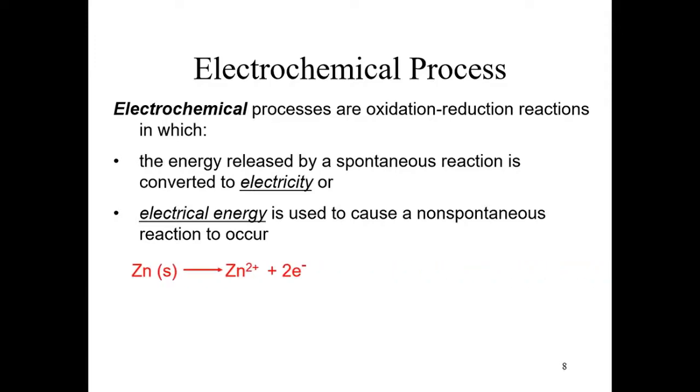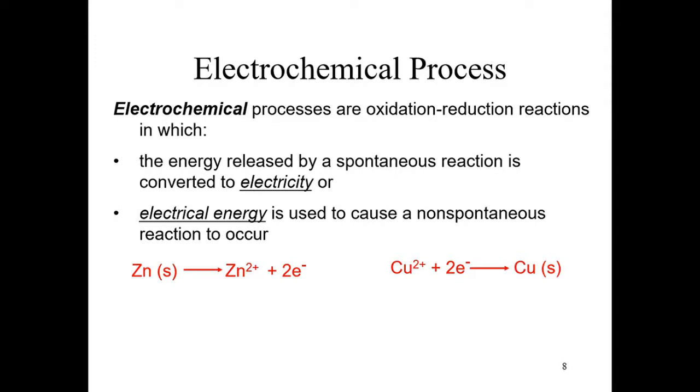Let's consider a reaction similar to the one we just talked about. But in this case, I'm going to submerge a bar of shiny zinc metal into a solution of copper 2 sulfate. The zinc is going to oxidize into zinc ions, and the electrons released in the process are going to cause the copper 2 ions to become reduced to copper metal.